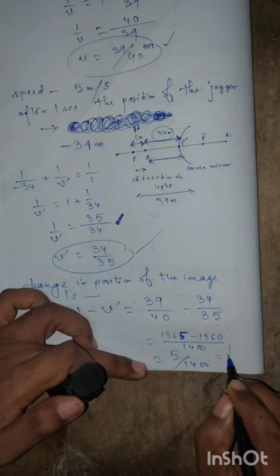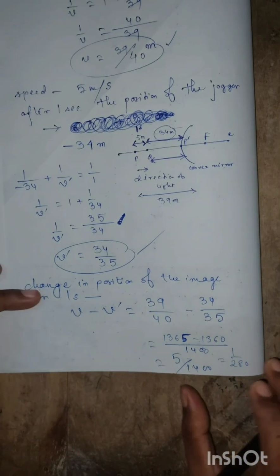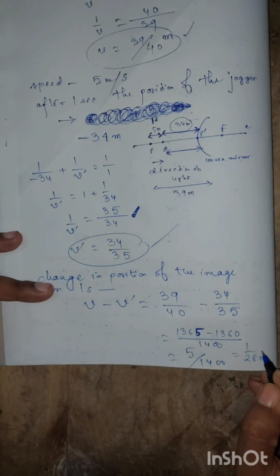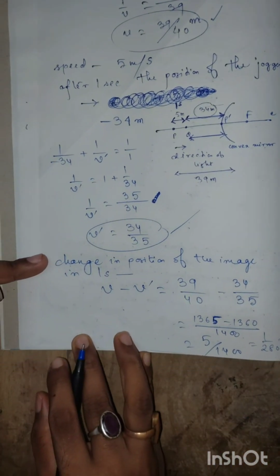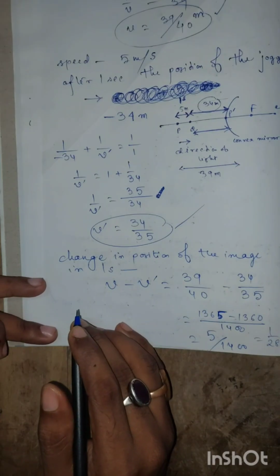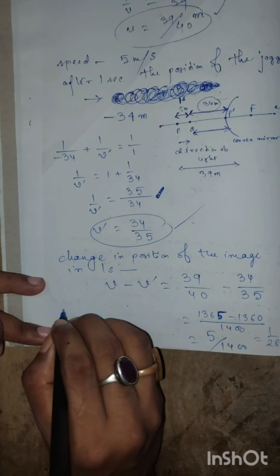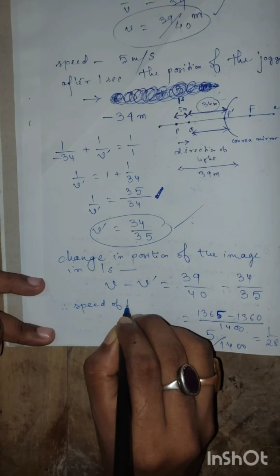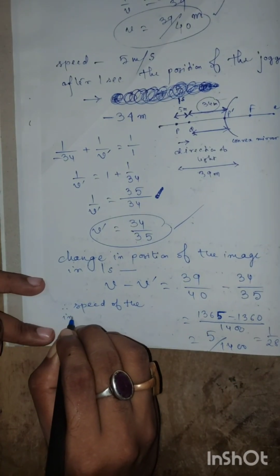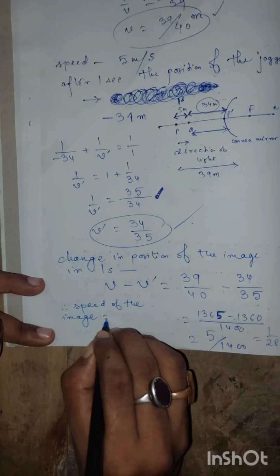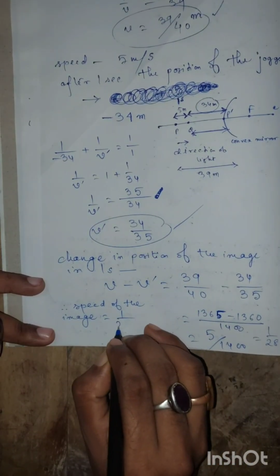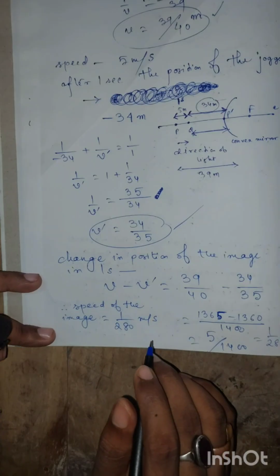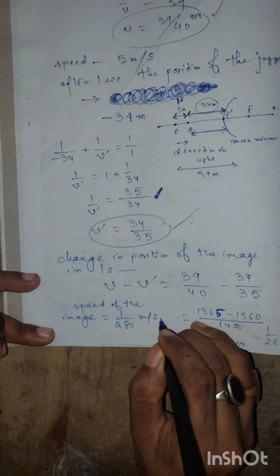This is 1 by 280 meter. So the speed of the image is 1 by 280 meter per second. So this is our answer.